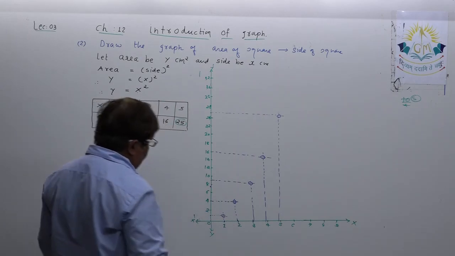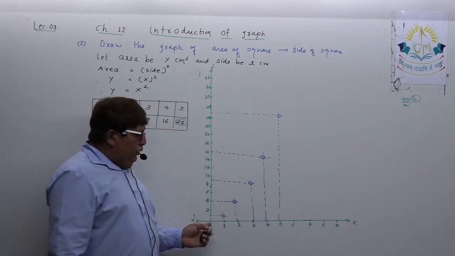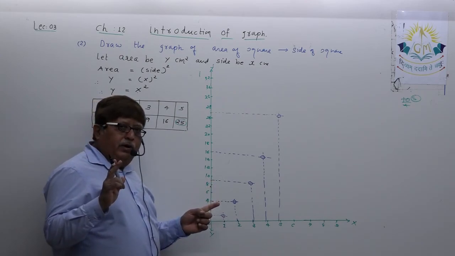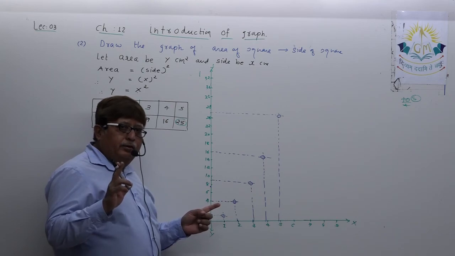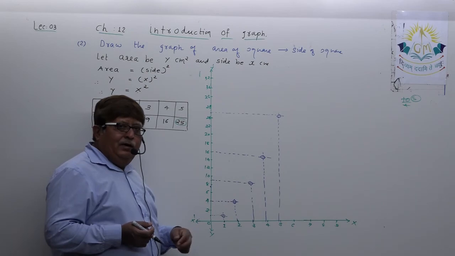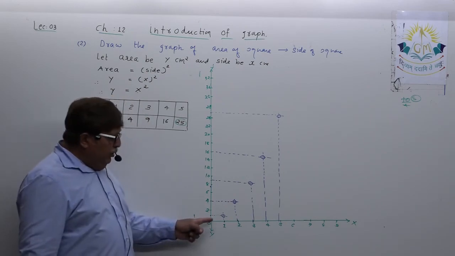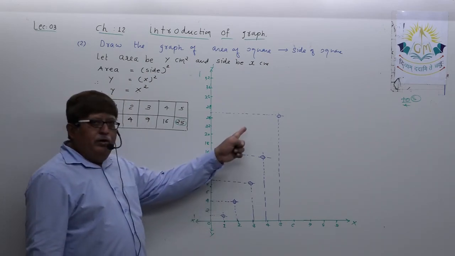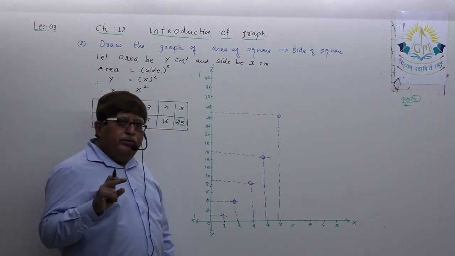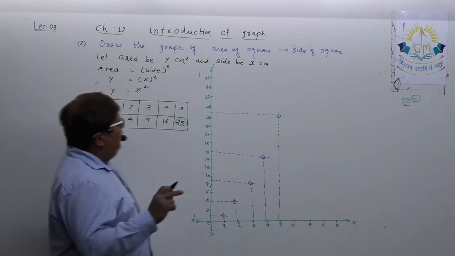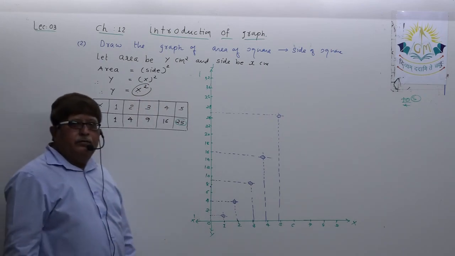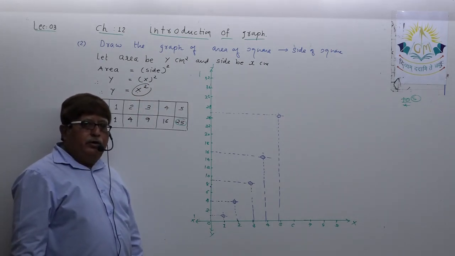Now dear student, you have to join them not by ruler. You may have a question why sir is not allowing the ruler here. If you try to place the ruler, all points will never be in a straight line, because it is not a linear expression, it is a quadratic expression, Y equal to X square.